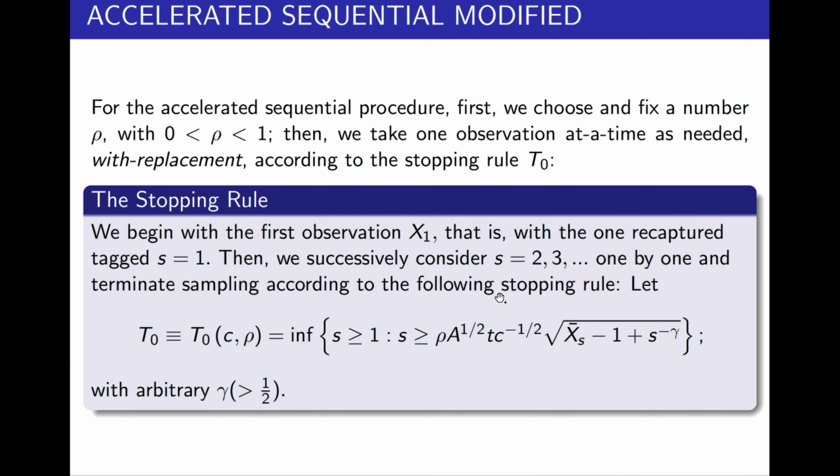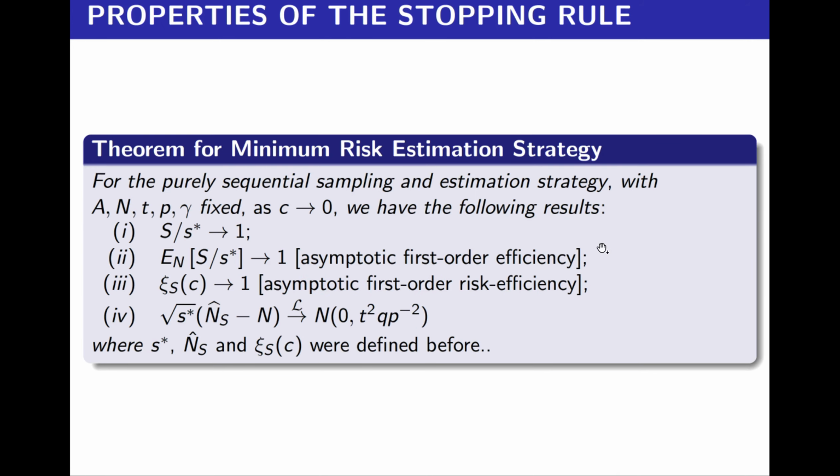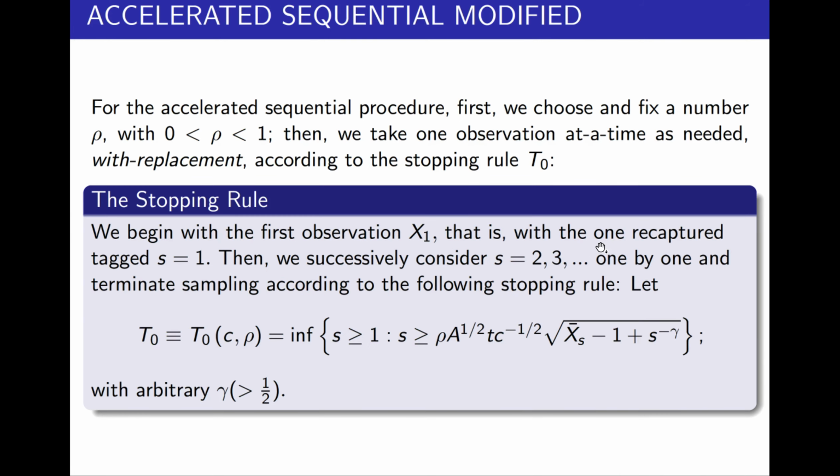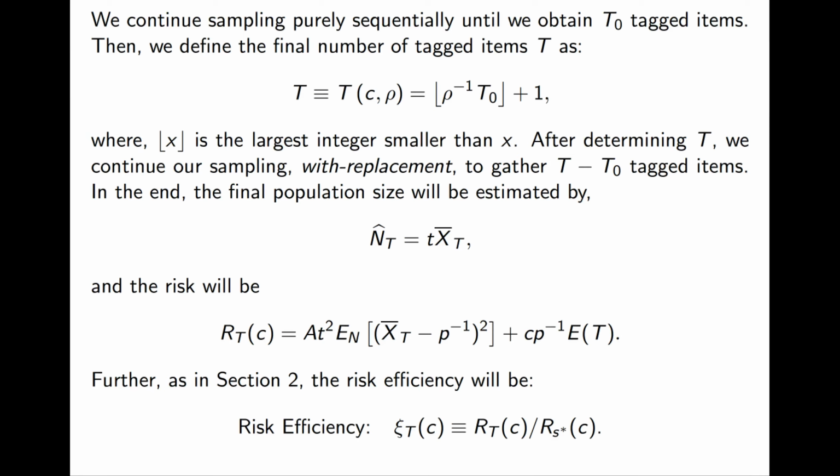Now, this process of sampling could be very time consuming, so we thought of adopting an accelerated sequential procedure. In the accelerated sequential procedure, we have an early stoppage by applying acceleration, considering this factor rho, a fraction, in the stopping rule. But then once we stop, because of the early stoppage, we have to see what the deficit is.